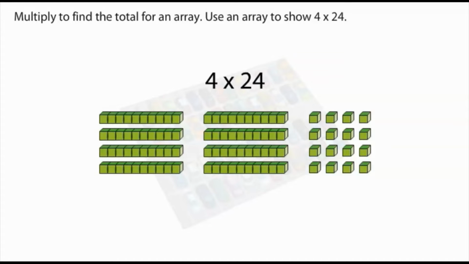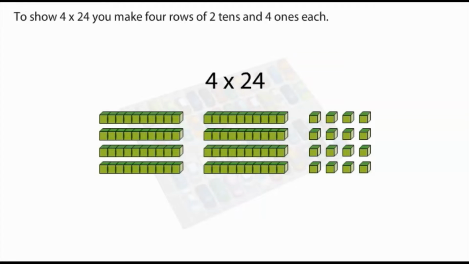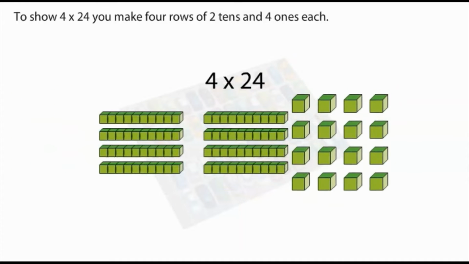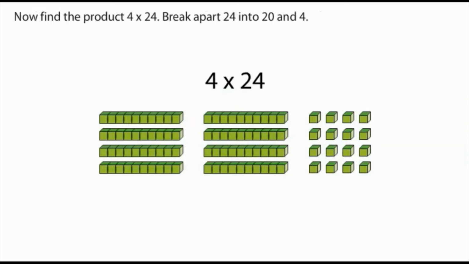Use an array to show 4 times 24. What blocks are used to show 4 times 24? To show 4 times 24, you make 4 rows of 2 10s and 4 1s each. Now find the product 4 times 24.